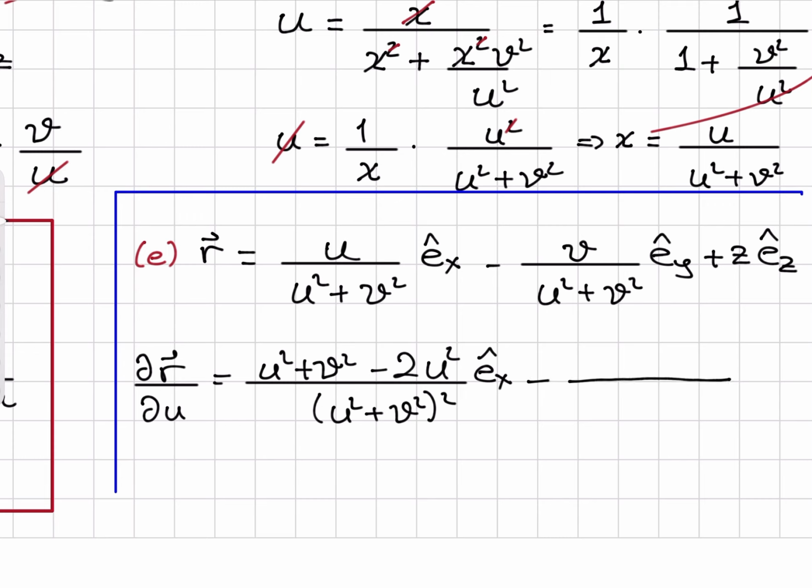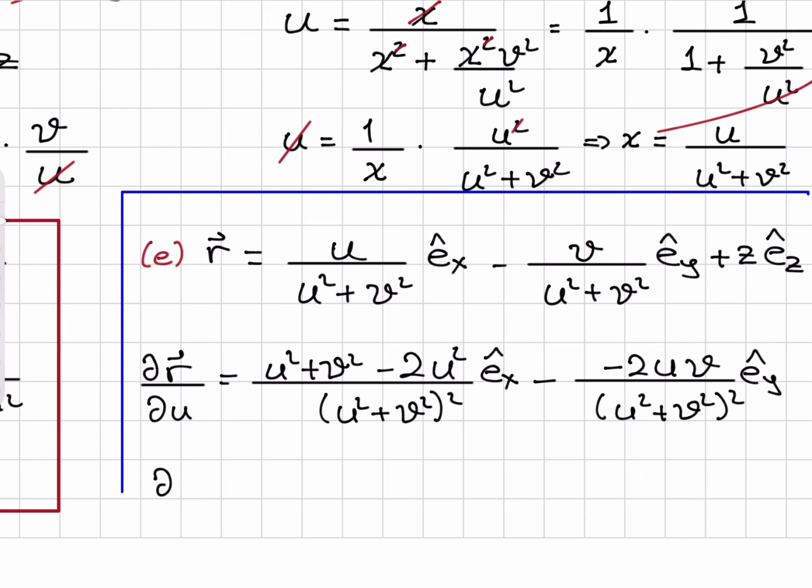Similarly, if I do the derivative with respect to v, del r del v, I will have the derivative of the top, 0, multiplied by the bottom, minus the derivative of the bottom, 2v, multiplied by the top. So we get minus 2uv on top, divided by the bottom squared, u squared plus v squared squared, in the ex hat direction.